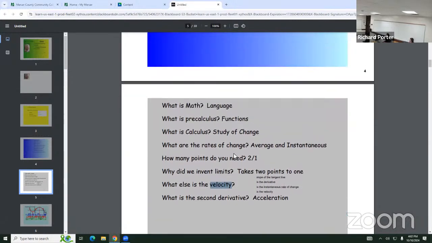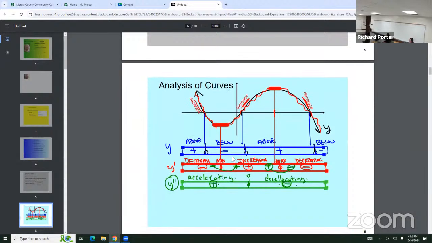All right. Let's talk about the next subject, analysis of curves. Okay. So this is my drawing. I tried to make it look nice, but I'd probably do better on Desmos. What I have here is the black line, that's the x-axis and that's the y-axis.